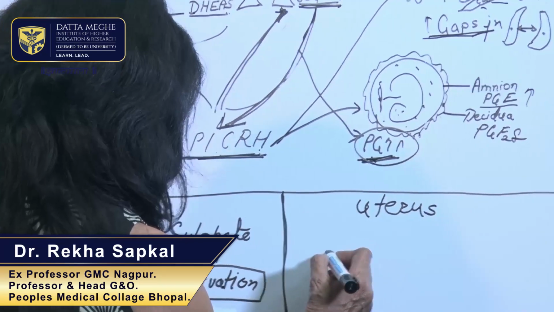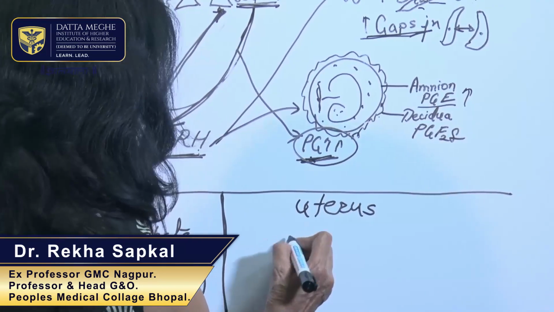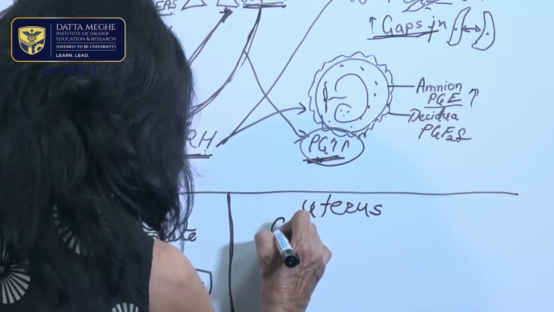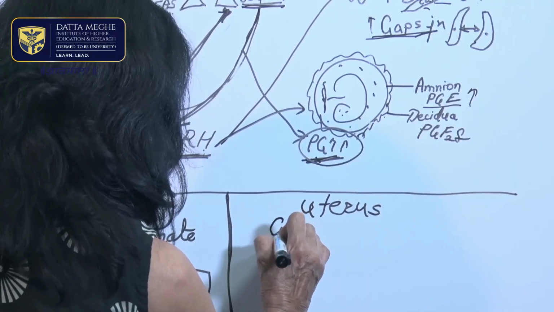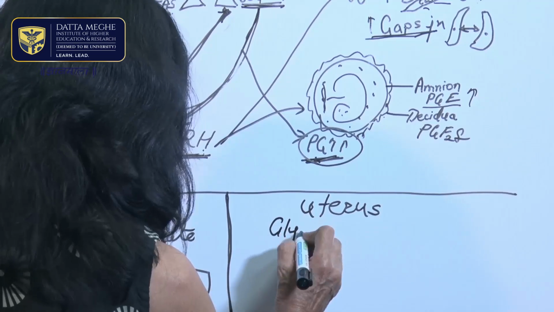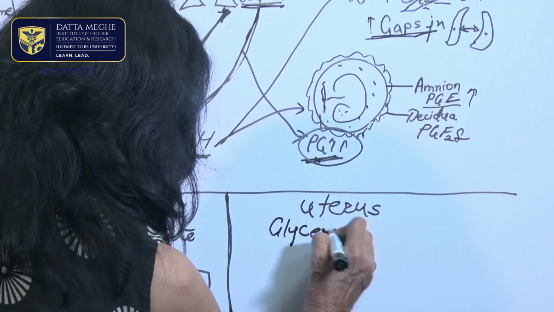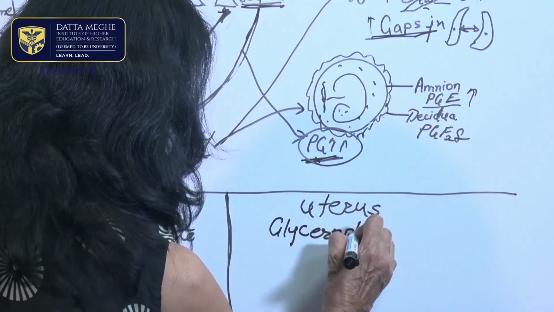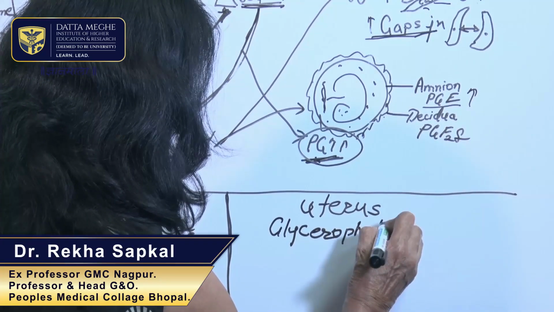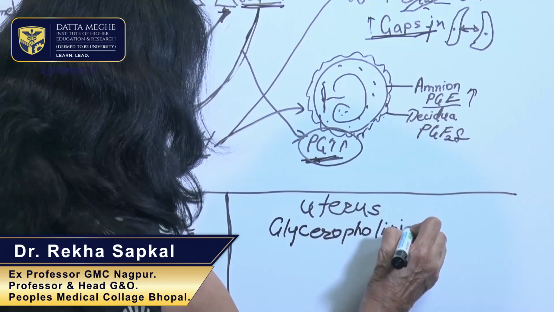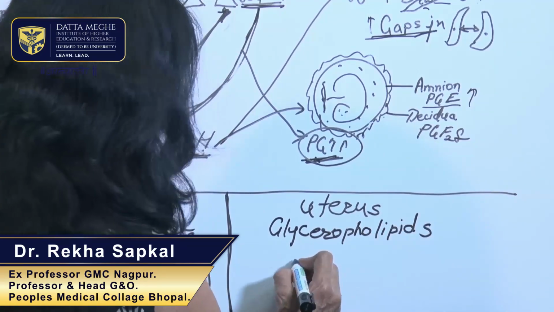Here in these cases, glycerophospholipids is the storage form of hyaluronic acid.